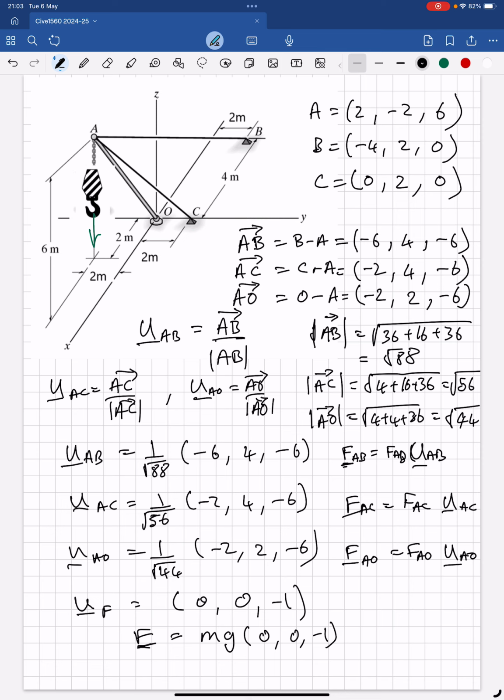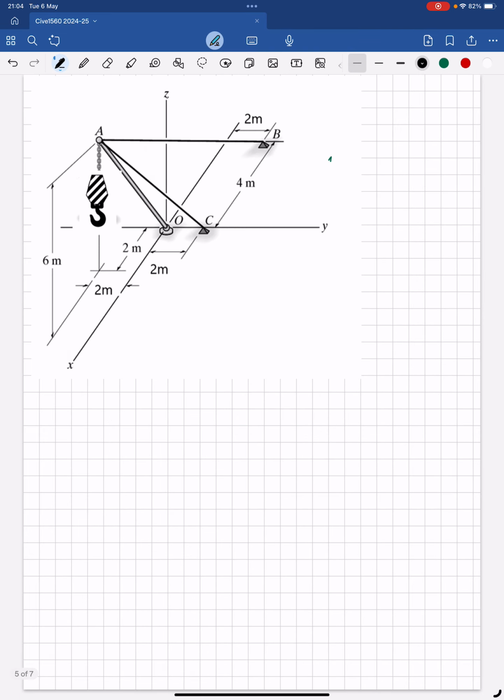And g is 10, so we can say that is 0, 0, minus 10m. So this is our force vector.